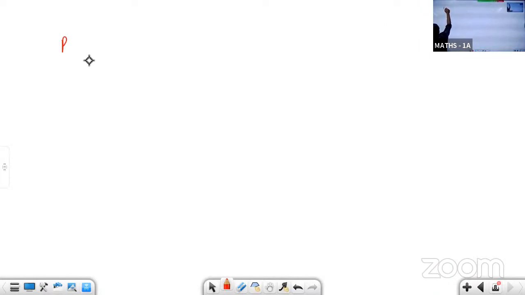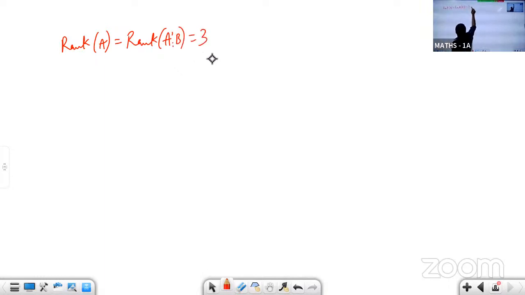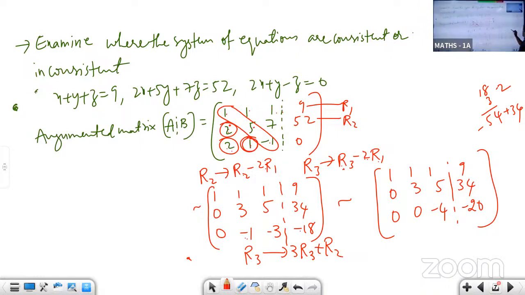So rank of A is equal to rank of AB, which is equal to 3. Number of non-zero rows, rank means. What is the number of non-zero rows in the coefficient matrix? 1, 2, 3. What is a 0 row? If all the elements in that row are zeros, then only we say that it is a zero row. So I am talking about the number of non-zero rows. Is it clear?